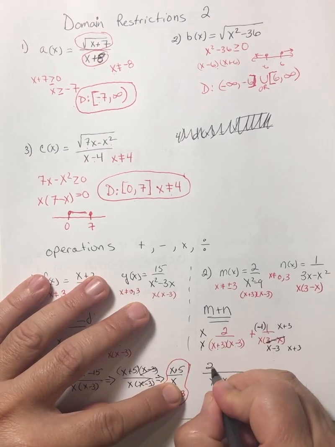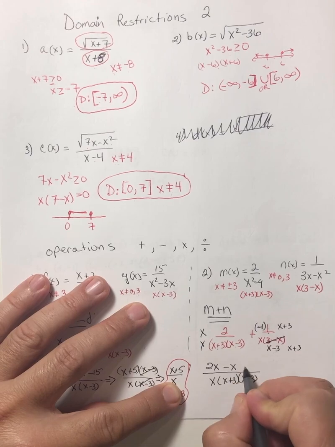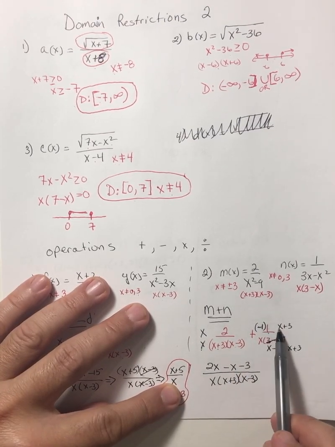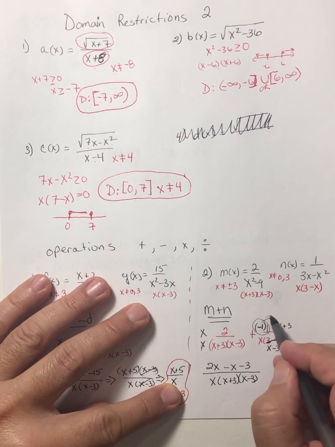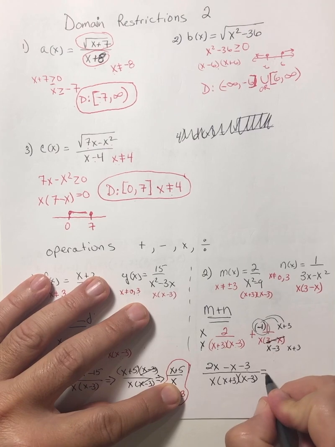And up top I have a 2x minus x minus 3. All right, I distribute the negative, -1 times each of those, so minus x minus 3. So I'll collect like terms.